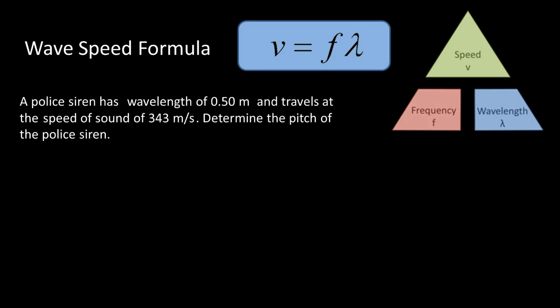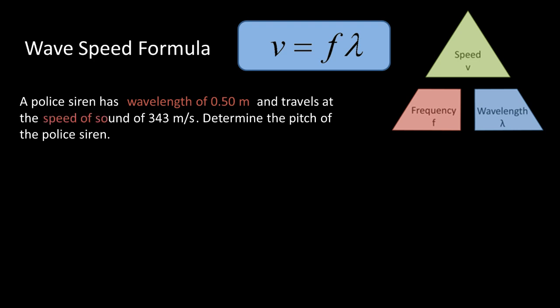All right, so here's our example. A police siren has a wavelength of 0.50 meters and travels at the speed of sound of 343 meters per second. Determine the pitch of the siren. All right, so let's take a look at what we have here. We have the wavelength at 0.5 meters.